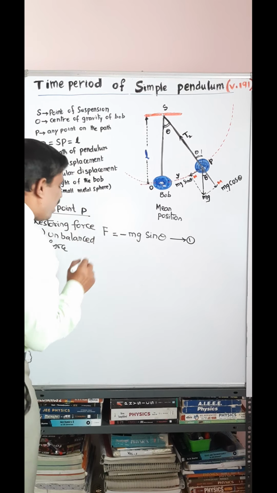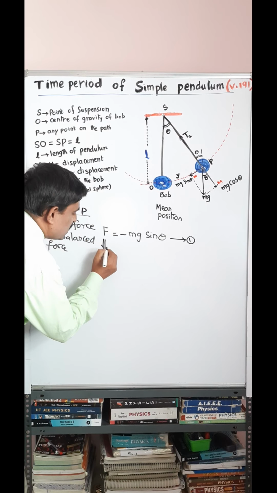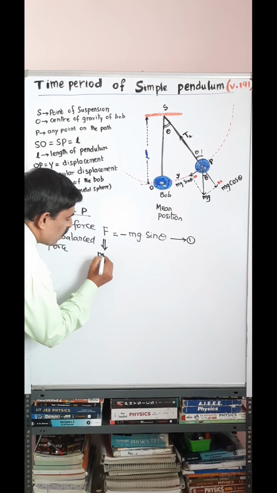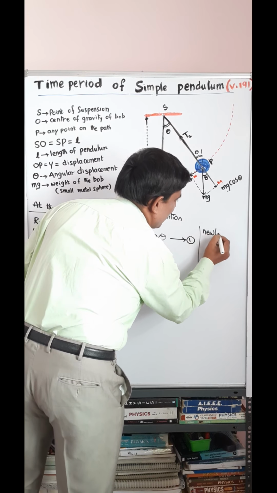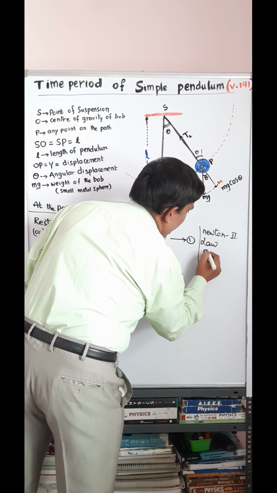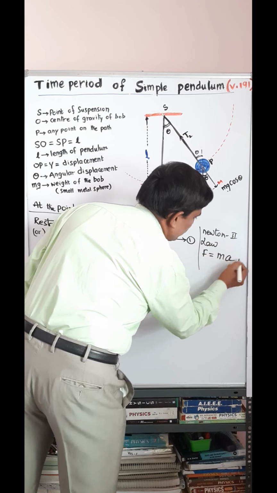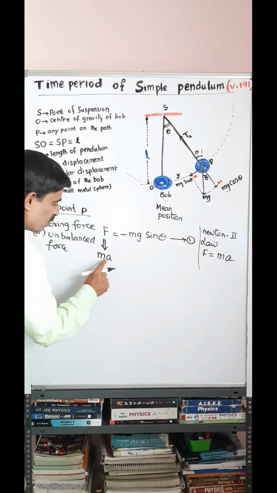Now, according to Newton's second law, the unbalanced force F is equal to ma.